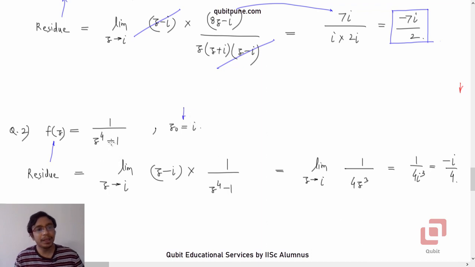The function is again a rational function, 1 upon z to the power 4 minus 1, and we observe that this function f of z has 4 singularities. These occur when z to the power 4 is equal to 1, so 1, minus 1, i and minus i. Note that all 4 are isolated.